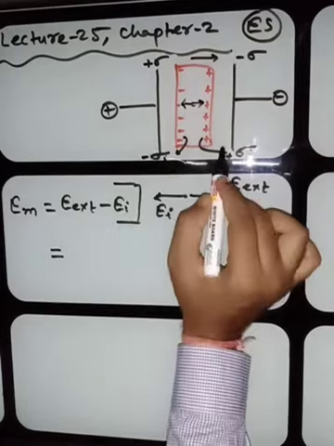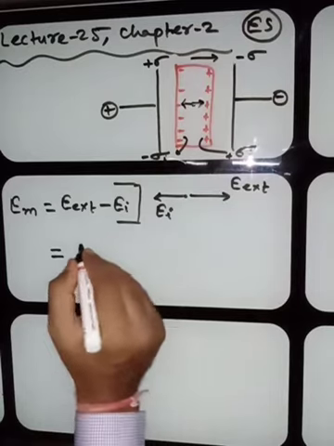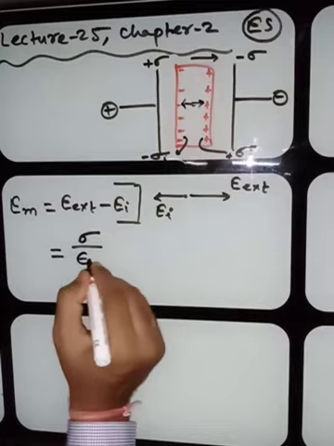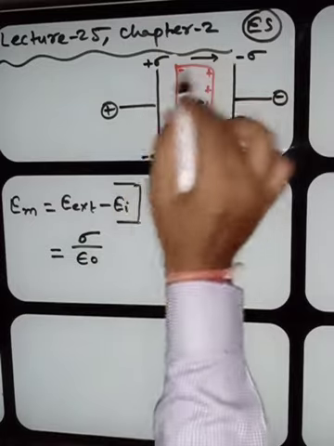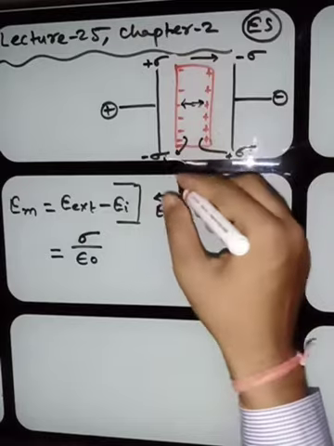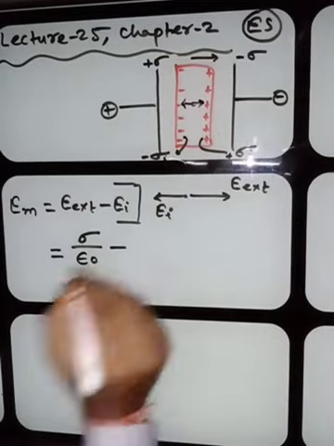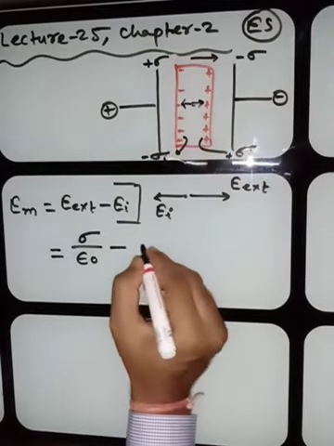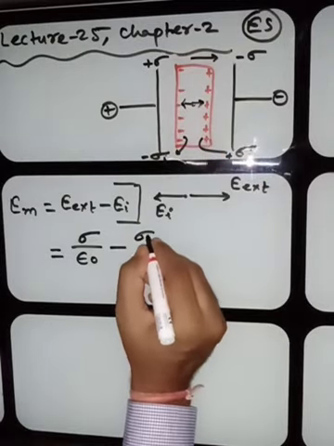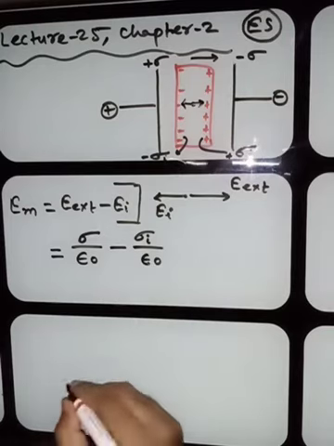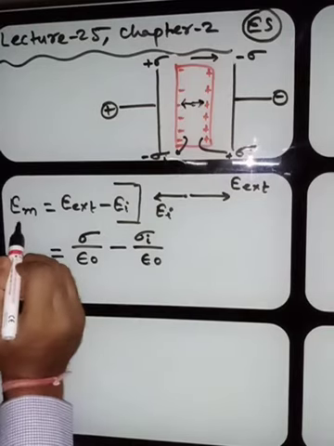Now we can write E external, the electric field we have given, and due to this plate the electric field, as sigma by epsilon naught. Within this metal plate the electric field will be sigma by epsilon naught minus the electric field due to this particular medium, which will be sigma induced by epsilon naught. This is the electric field in medium.